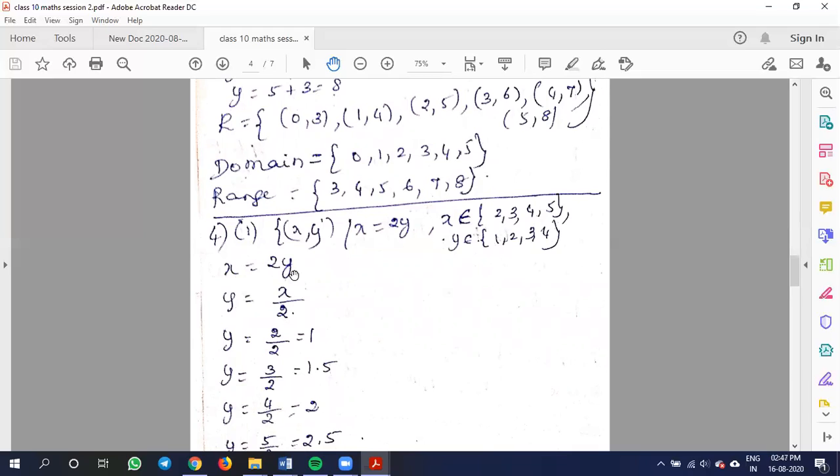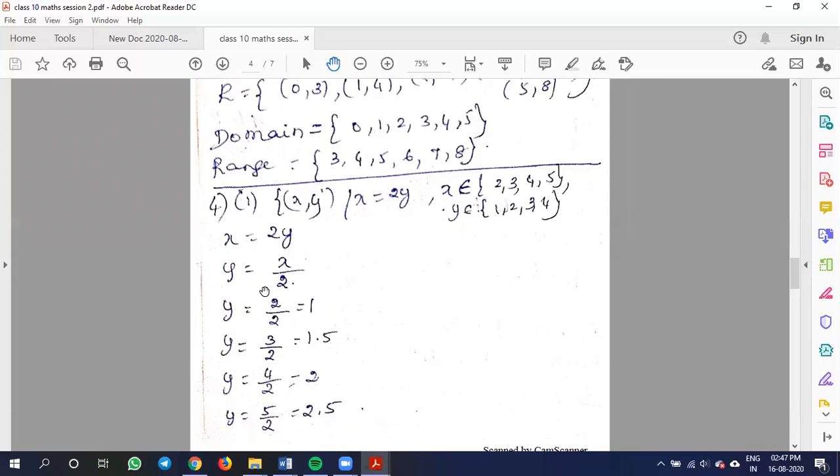So I'm bringing this 2 here. If you transpose it to the other side, then the 2 in the numerator will go to the denominator, x by 2. So y is equal to x by 2. That is our condition. Okay.